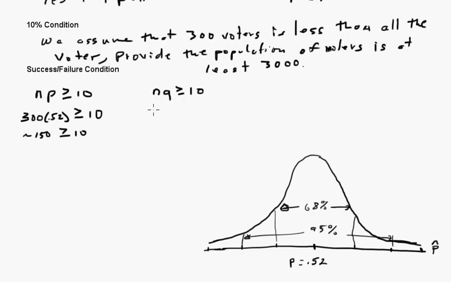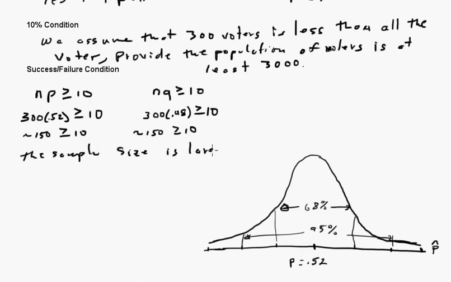And in here, 300 times 0.48, and again, because I want to go fast, I'm going to cheat and say that that's approximately 150. So the sample size is large enough.